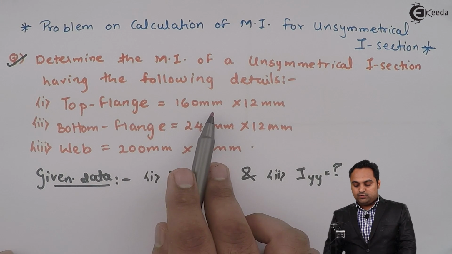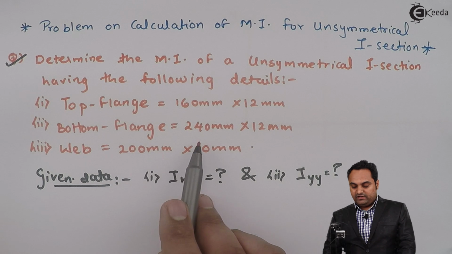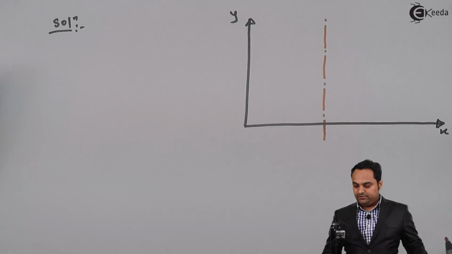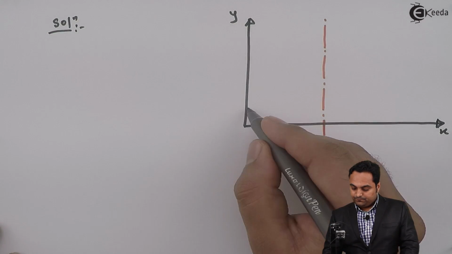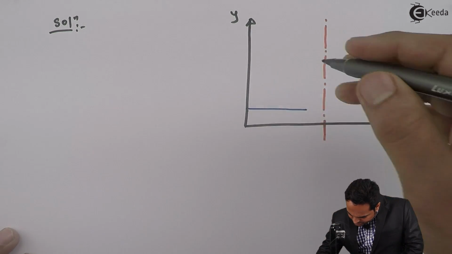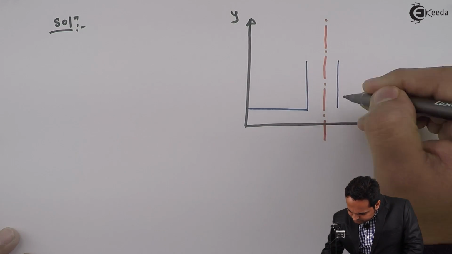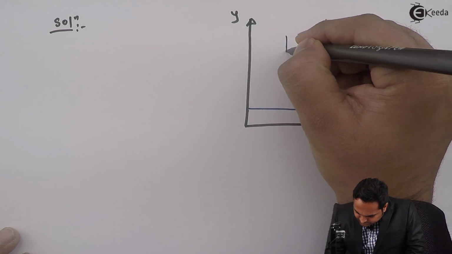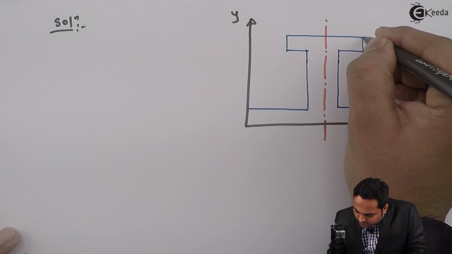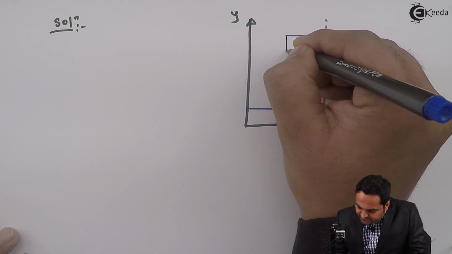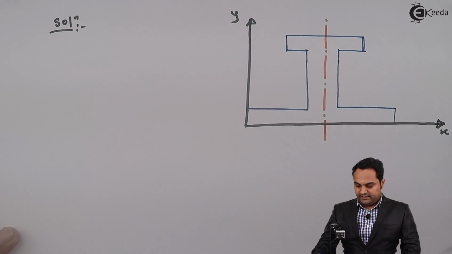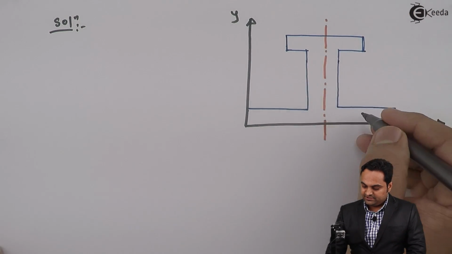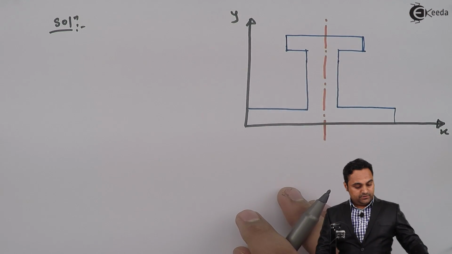Width of top flange is only 160, whereas the bottom flange is having width of 240. So I'll draw that in the diagram. Now, the unsymmetrical I section will look like this. Here there is a top flange, this is the bottom flange, and here there is web.